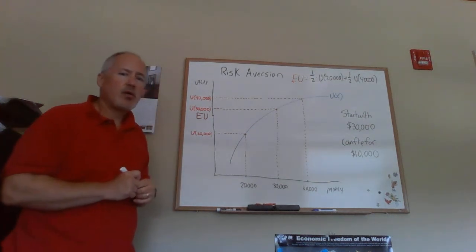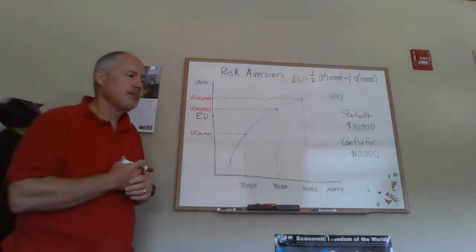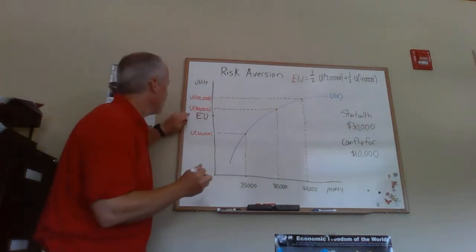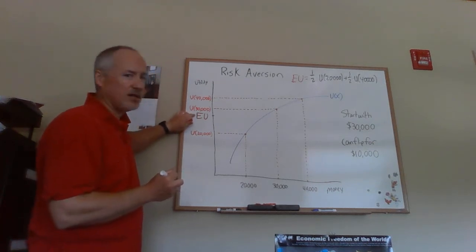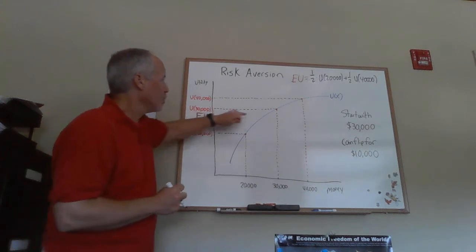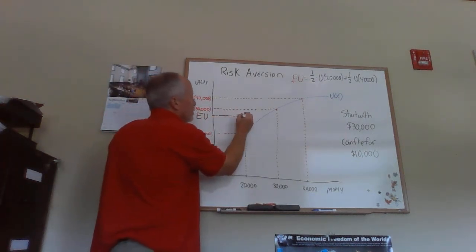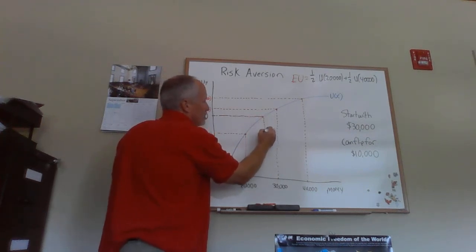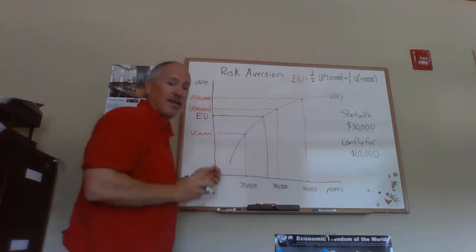Now, there's one thing that they don't have in the book that I have in my notes, and I wanted to show this to you here. If you take this expected utility number that you've got from the y-axis and project over to the utility of money function and then down, you're going to get a dollar amount.